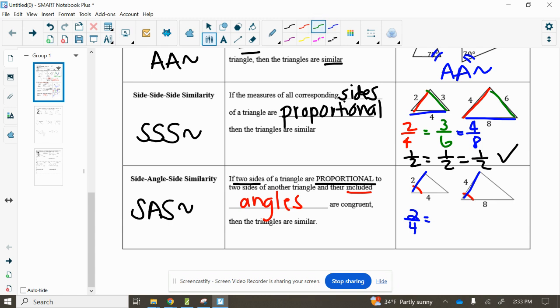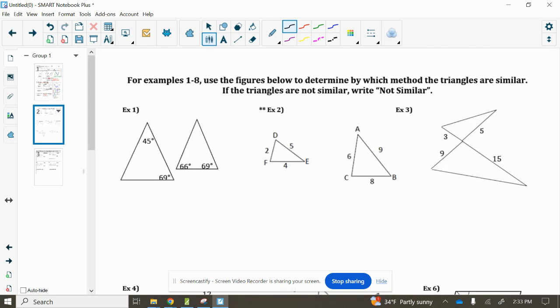We're trying to check out, is that proportional to 4/8? Again, those both reduce to be 1/2. So yes, indeed, we are allowed to say that these triangles are similar to each other because of side, angle, side. So we have some examples to look through then on the next page.